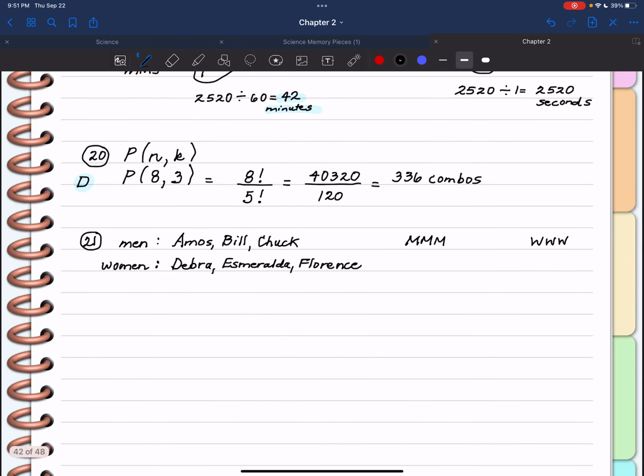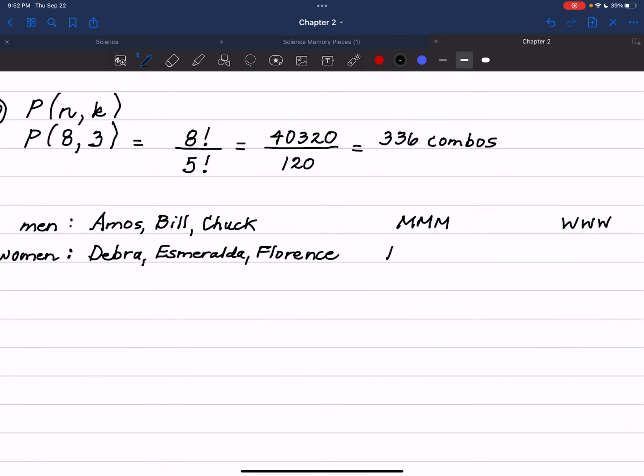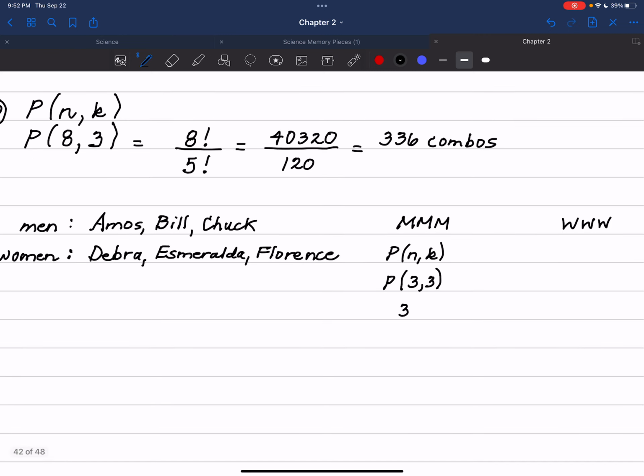So for the men, you have the permutation of N and K. So we have the number of men is 3, and the number of positions is 3. Because remember, we're just putting the men on the left. So we can do the formula, or we can just do 3 factorial here. And 3 factorial is 6, I believe. Yes, 3 factorial, 6. Okay.